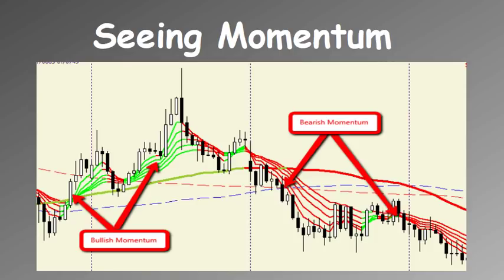Okay, as I've already said, you can easily see momentum on the chart. It's very visual, and that's why a lot of traders love to trade, because with momentum, you've got a trend. Momentum with market sentiment equals a trend, and that's great for the trend following traders as well as the swing traders.